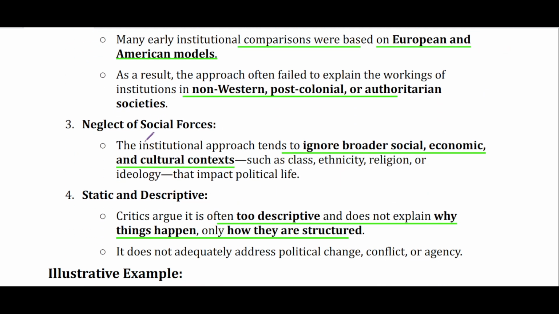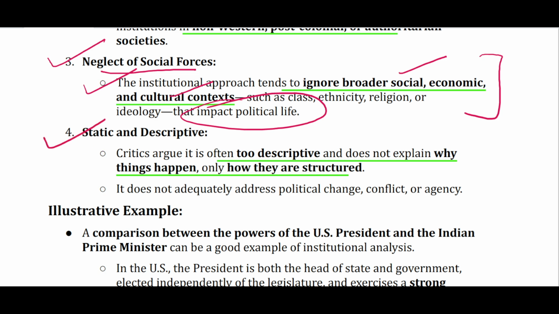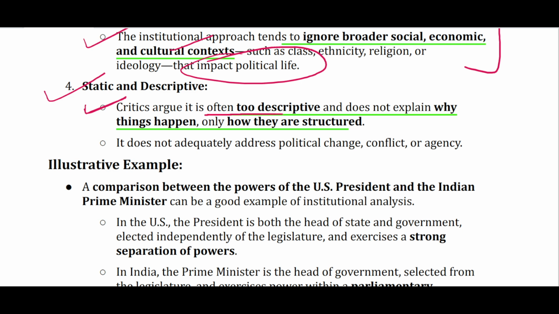Then the third criticism leveled on it is the neglect of social forces, neglect of not only the social but the various economic, cultural, and miscellaneous factors that might impact political behavior, political outcome, and political life. And finally, the ultimate criticism leveled on it is that this approach is too descriptive and it does not explain why things happen.